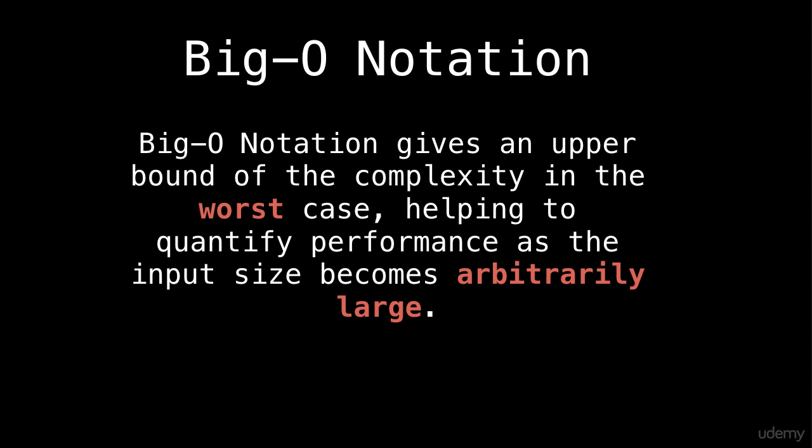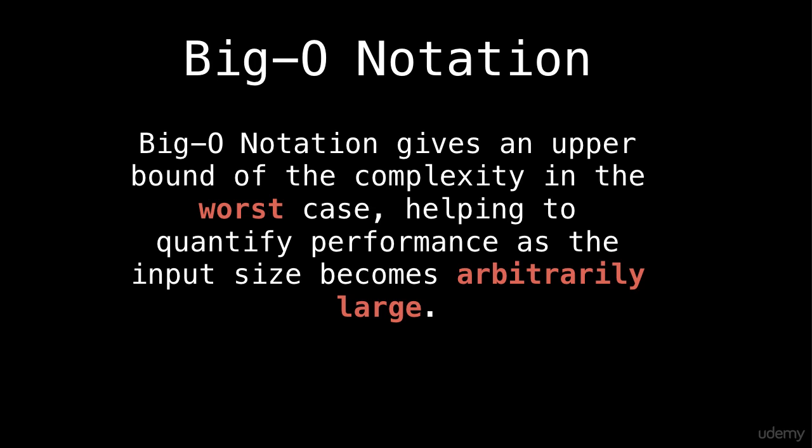Then the worst case isn't when 7 is at the beginning or in the middle of the list. It's when 7 is the very last element of the list. For that particular example, the time complexity would be linear with respect to the number of elements and the size of your list, because you have to traverse every single element until you find 7.